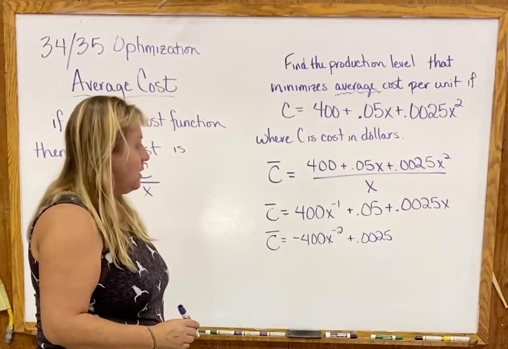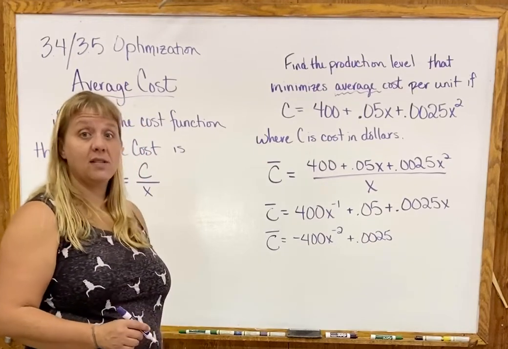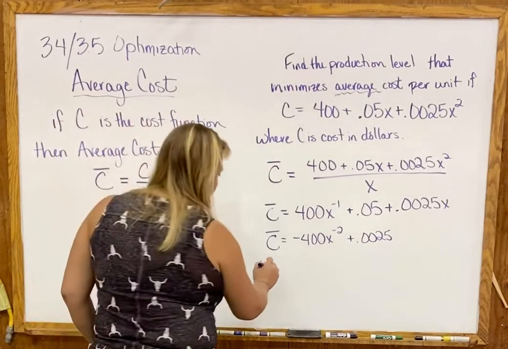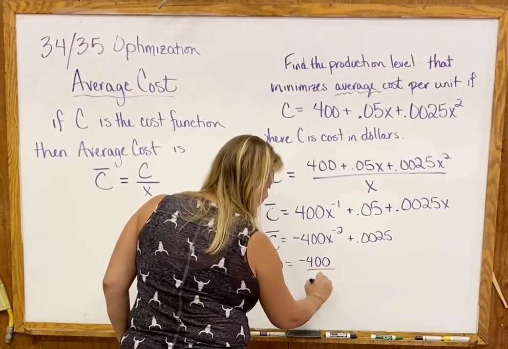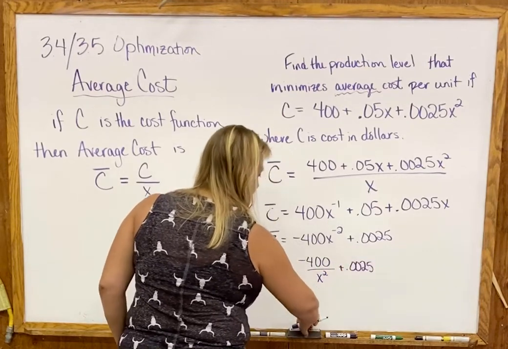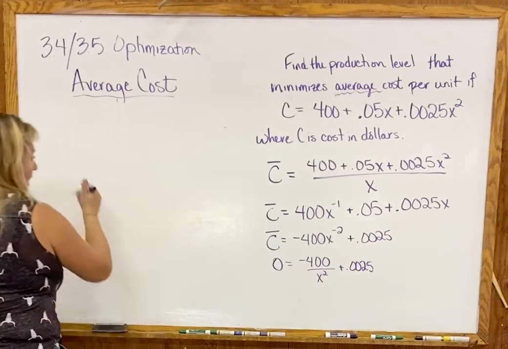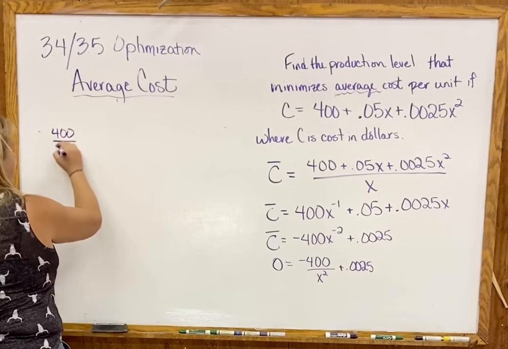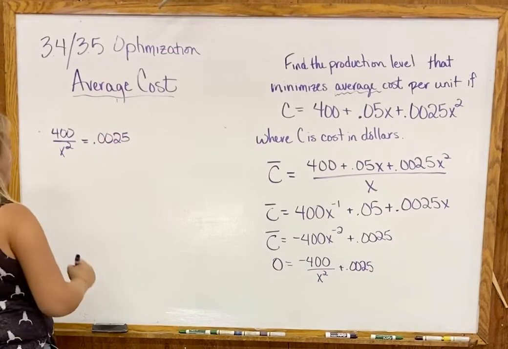Okay. Now, in order to minimize this, we're finding that minimum, so we want to set it equal to 0 to find our critical value. So we'll say 0 equals, and at the same time I'm going to put this x squared back on the bottom. So we end up with negative, or sorry, no, it won't be negative. It'll be positive 400 over x squared equals 0.0025.